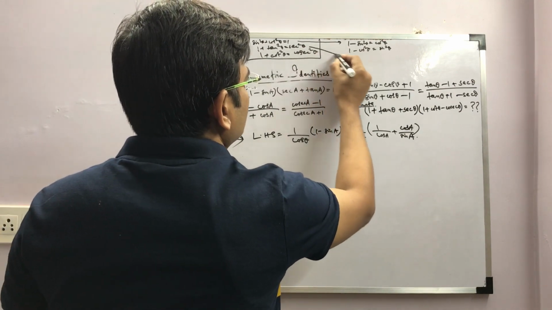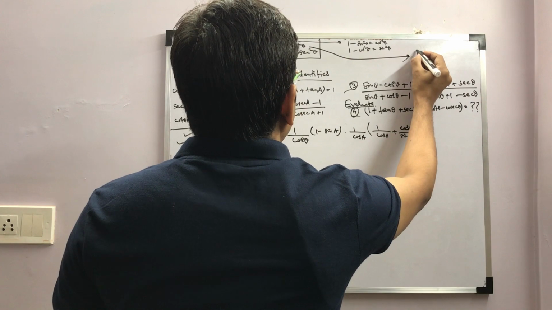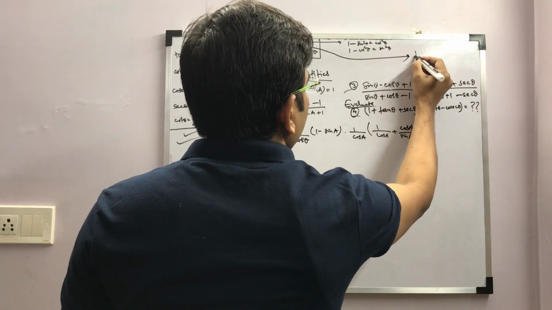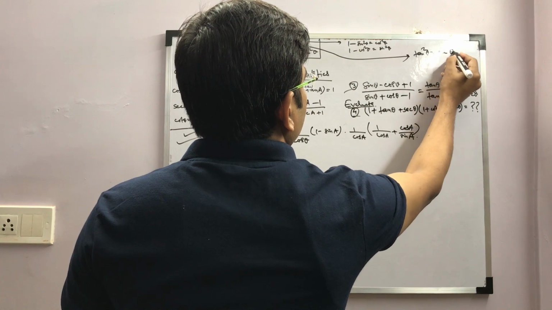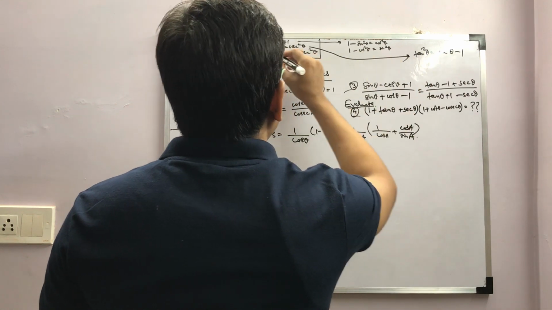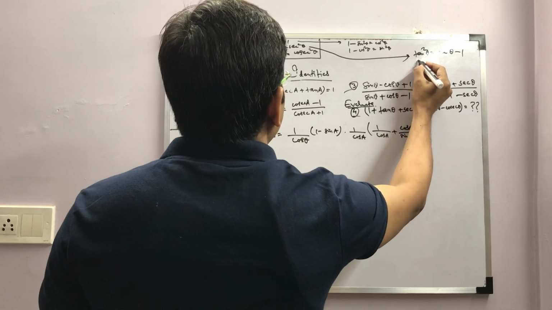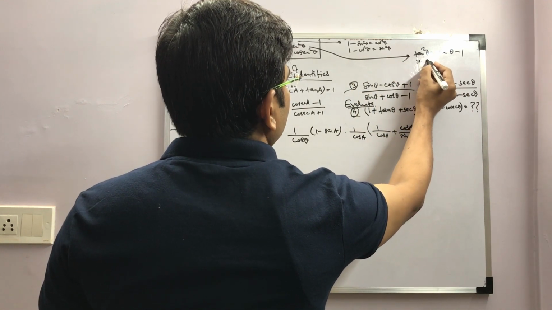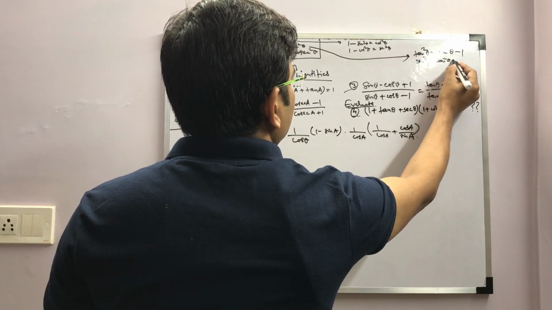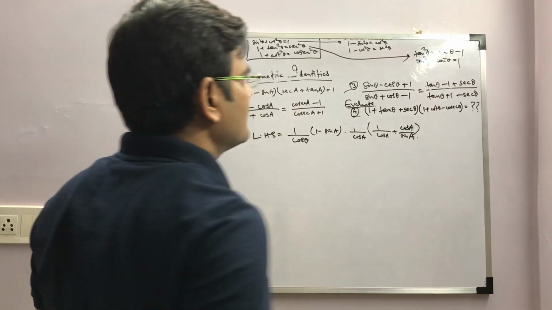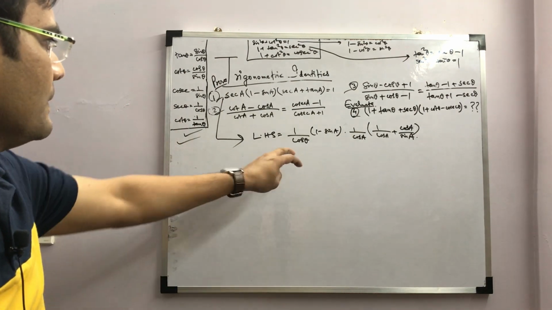So similarly, if you move 1 on that side, tan square theta equal to sec square theta minus 1. This is just a movement of the ratios here and there, and sec square theta minus tan square theta equals 1. Don't get confused, I'll clarify. Okay, so this is done.